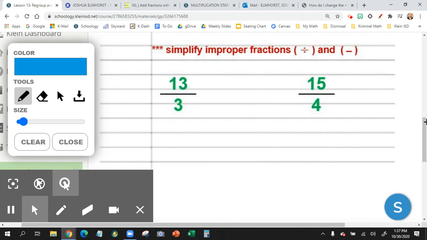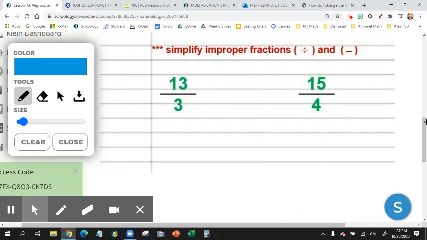So whenever we have improper fractions, how do we figure out how to simplify this? We need to look at our denominator and think of how many whole numbers we can get from the numerator. We do that by dividing the numerator and then subtracting to see what's left over.